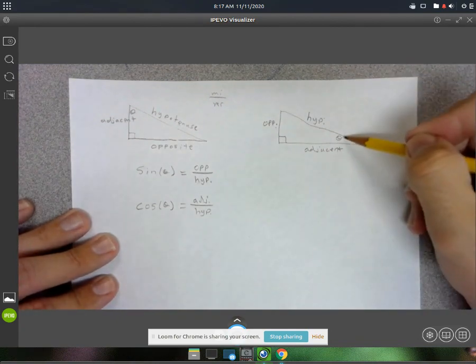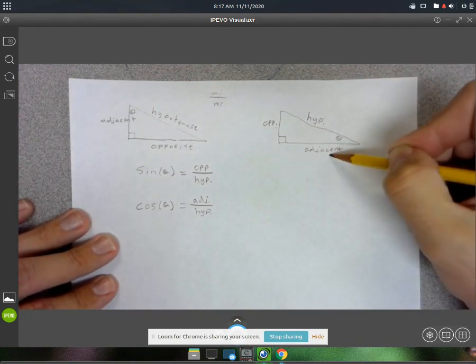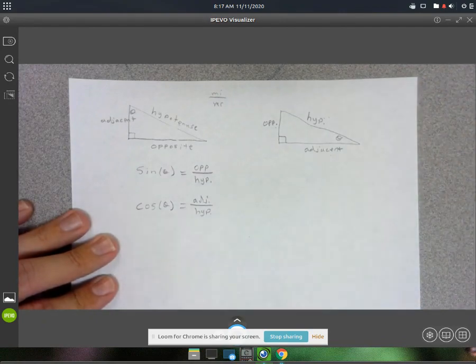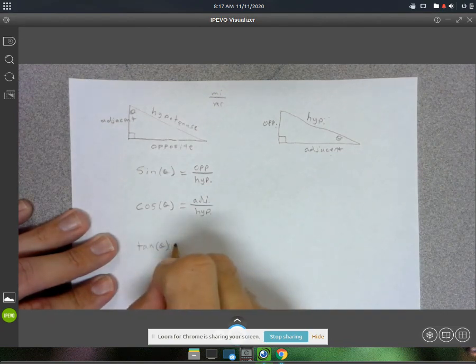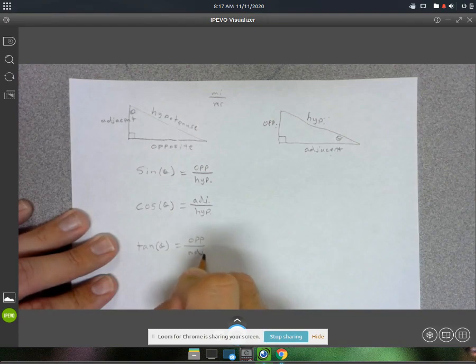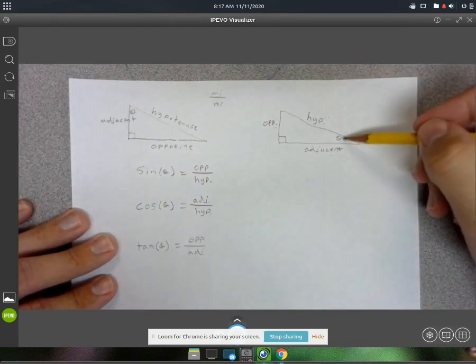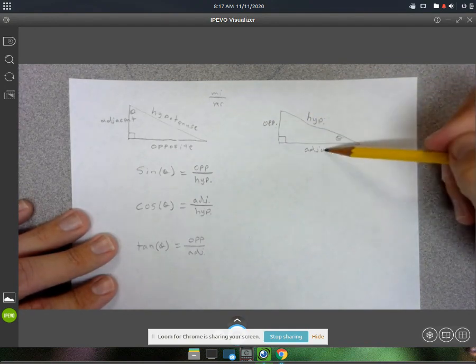Again, if we were at this angle, it would be whatever this side is over the hypotenuse. And the third one is tangent. Tangent of theta is defined to be opposite over adjacent, whatever this side is over that side.